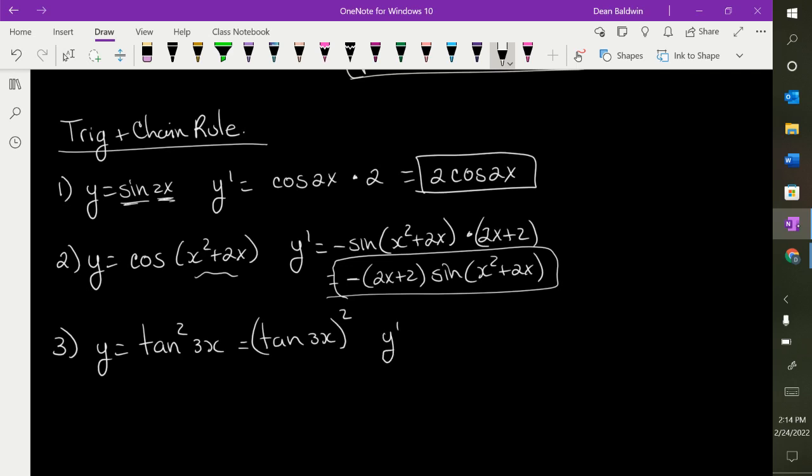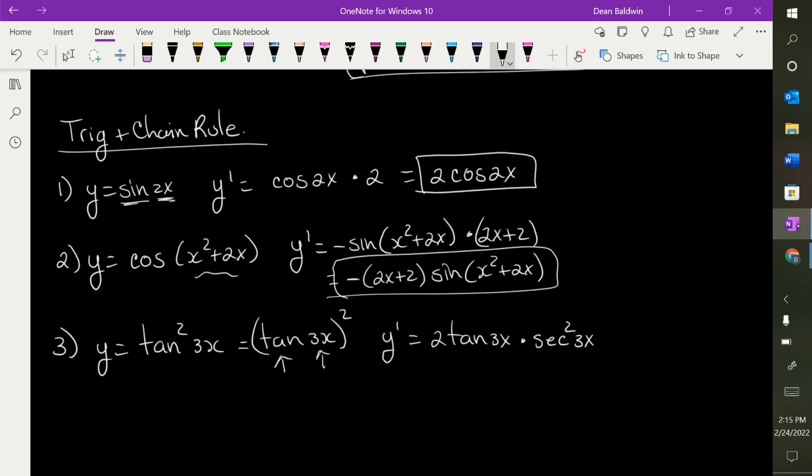So y prime is going to be, drop the 2, you start on the outside. So I get 2 tan of 3x, take 1 away from the 2 is 1, times the next function in is tan. What's the derivative of tan? Well, we learned that yesterday. We proved it. Derivative of tan is secant squared. So I get secant squared of 3x. And then the next function in is the 3x.